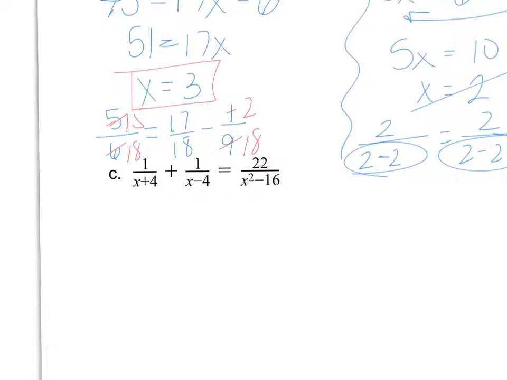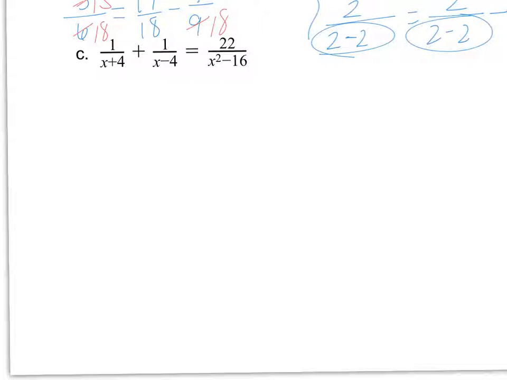All right, and we'll do one more of these. So here you should recognize that x squared minus 16 is the same as x plus 4 and x minus 4. So this is my least common denominator. Now when I multiply my first fraction times the least common denominator, the x plus 4 cancels, and so I'm left with 1 times x minus 4.